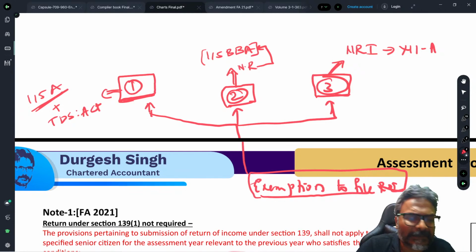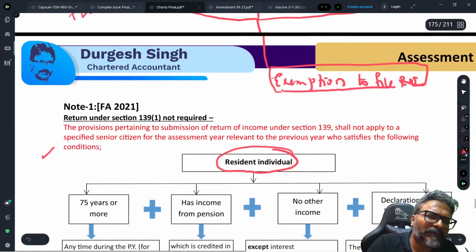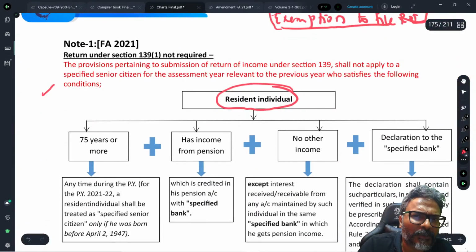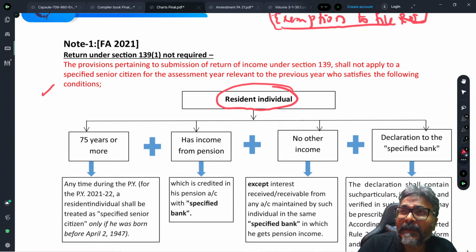Now on similar lines, students, we have an exemption now which is available to a resident individual. Students, we have a new concept of a senior citizen in this particular exemption: a senior citizen who is aged 75 years or above.